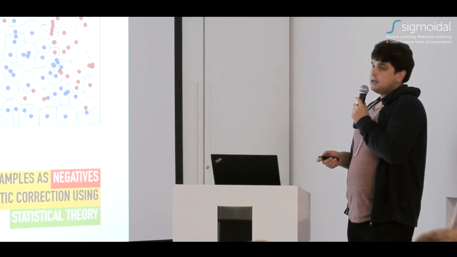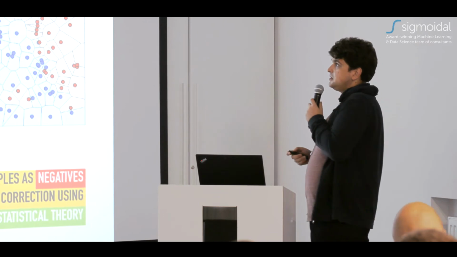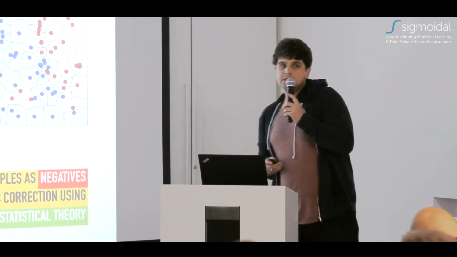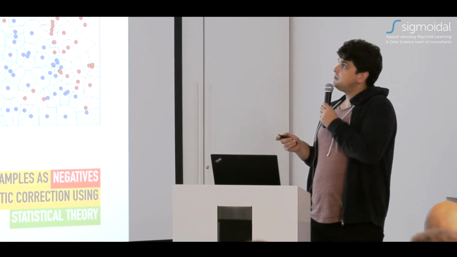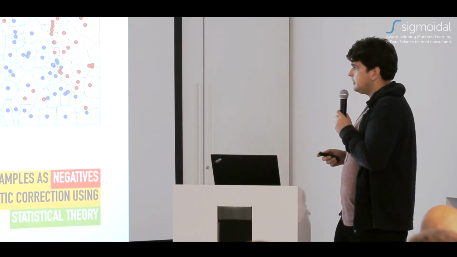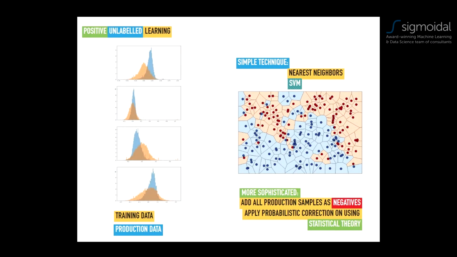Okay, now I want to get to this other topic, which is positive unlabeled learning. So this is a subdomain of the positive learning which Marek mentioned earlier. So in case of positive unlabeled learning, you have the following setup, that you have a subset of positive examples, and what is worth mentioning is that usually this set is relatively small, and it's really expensive to extend it for further examples.